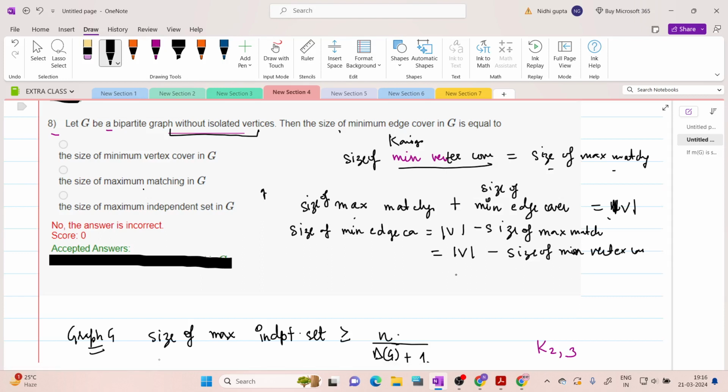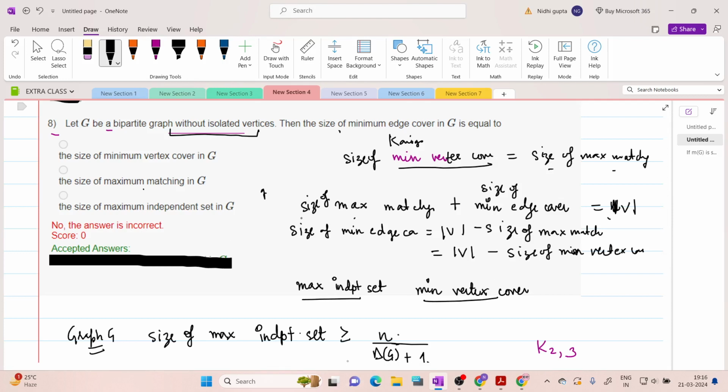Do we have some relation between maximum independent set and minimum vertex cover? Do we have any relation between them? Maximum independent set and minimum vertex cover.